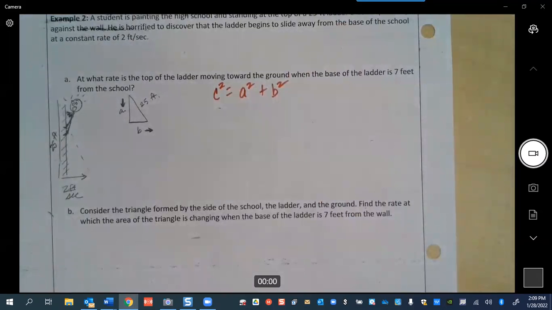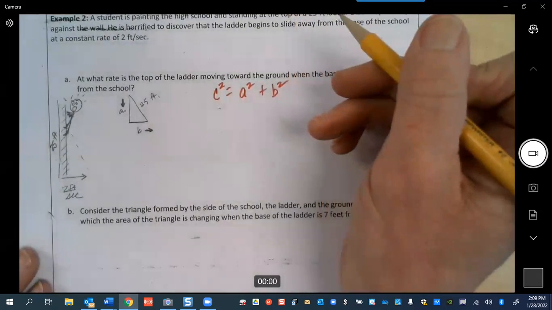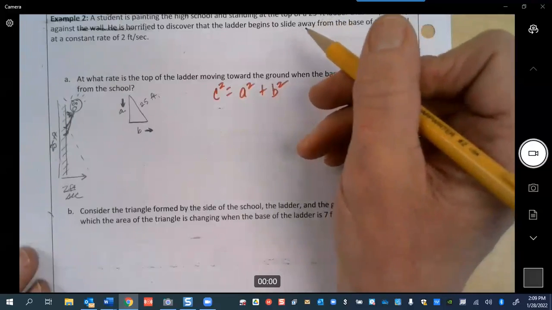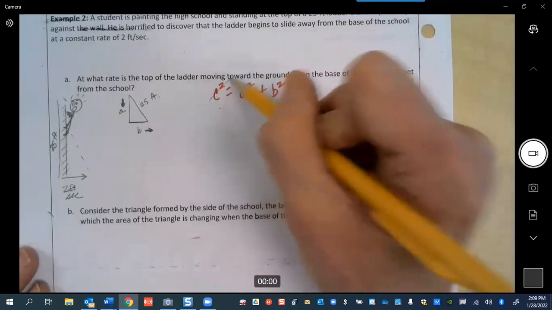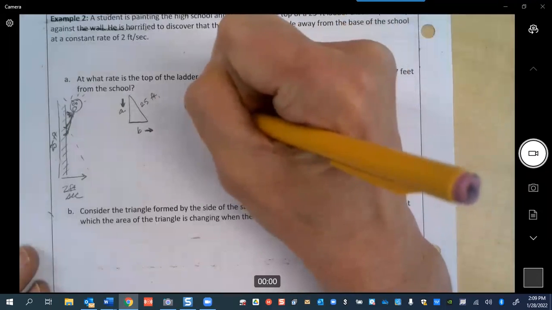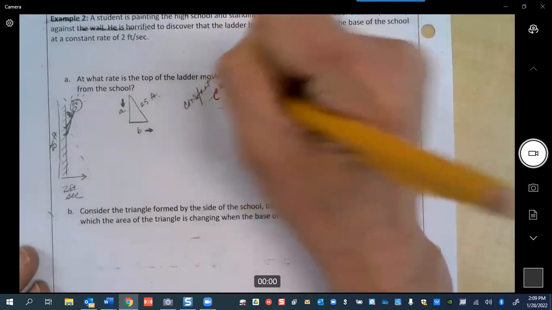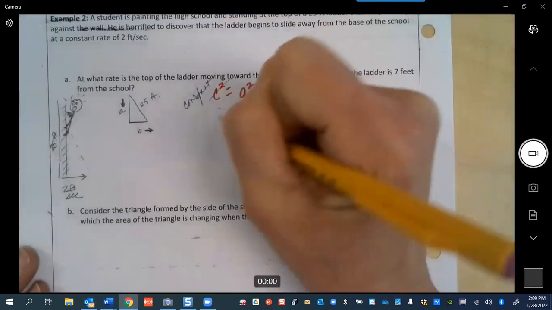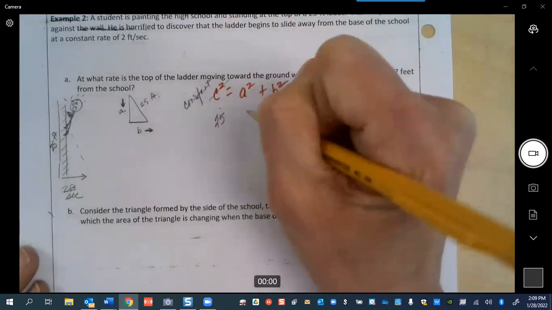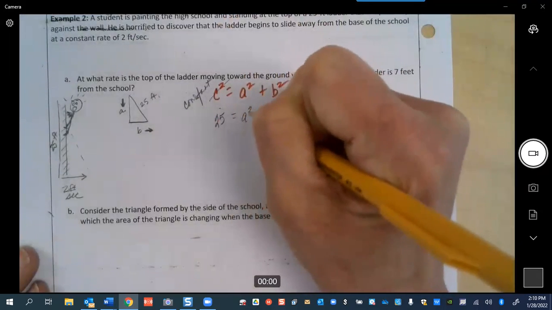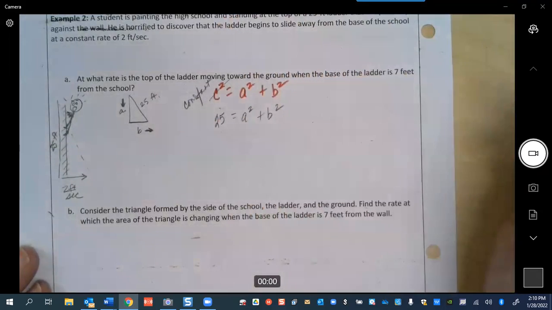Right? So in this story, this is our constant. Right? So I know that 25 is my hypotenuse, and that's equal to A squared plus B squared.